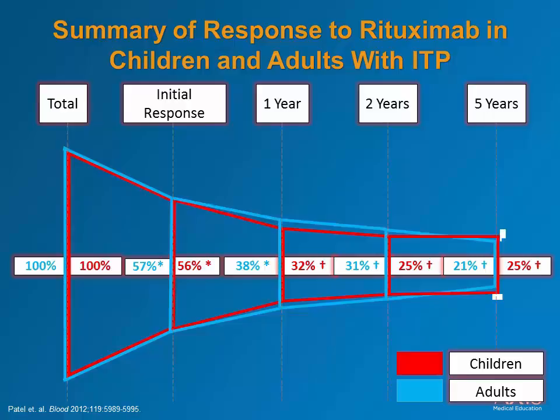It should be noted that the majority of patients who obtain a response, 1 in 5 at 5 years, most of these patients had a complete response that was sustained at 1 year. So the better initial responders appear to sustain their response.